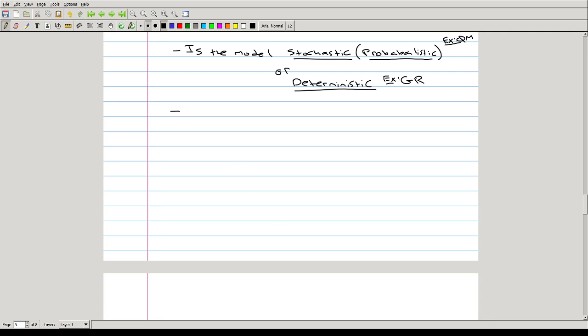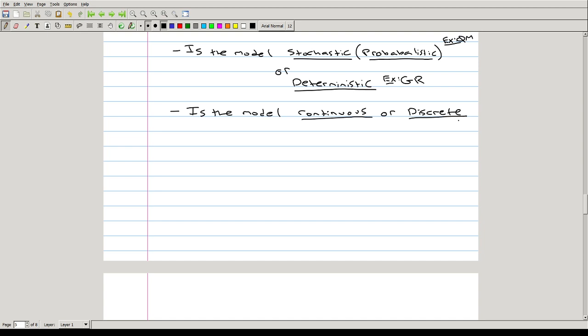Another big question to ask is, is the model continuous? So will you be using techniques from calculus or topology to discuss the model and solve problems, or discrete, meaning you'll be using methods from discrete mathematics or logic.